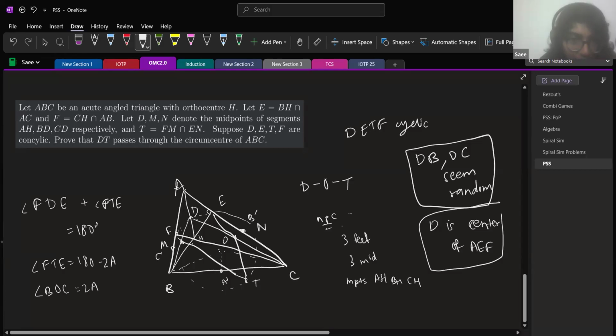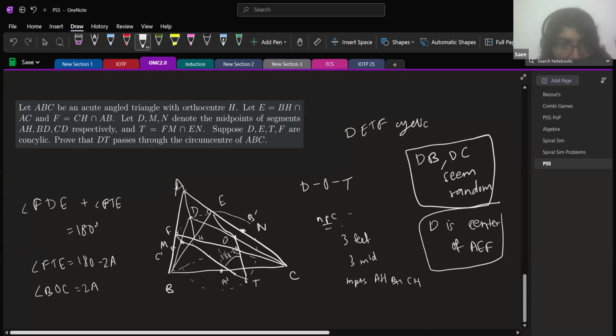Please bear with my beautiful drawing skills. We know this angle is 180 minus 2A.